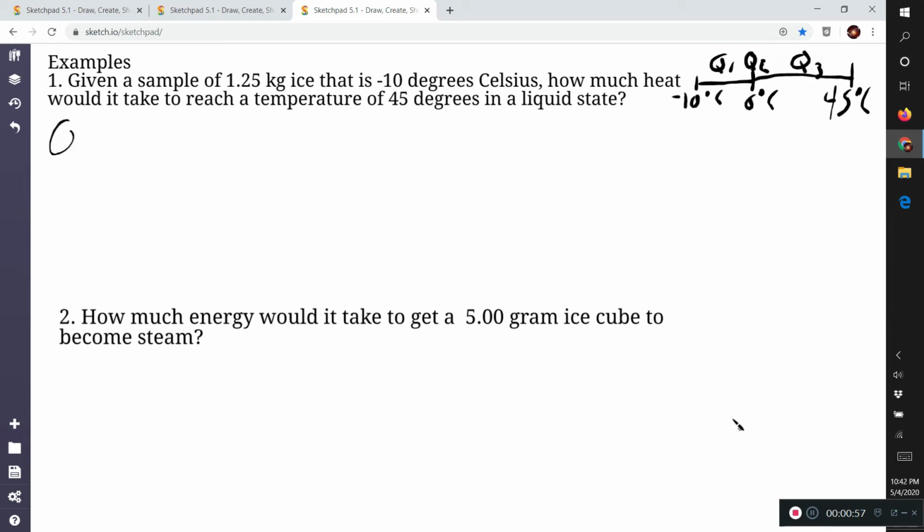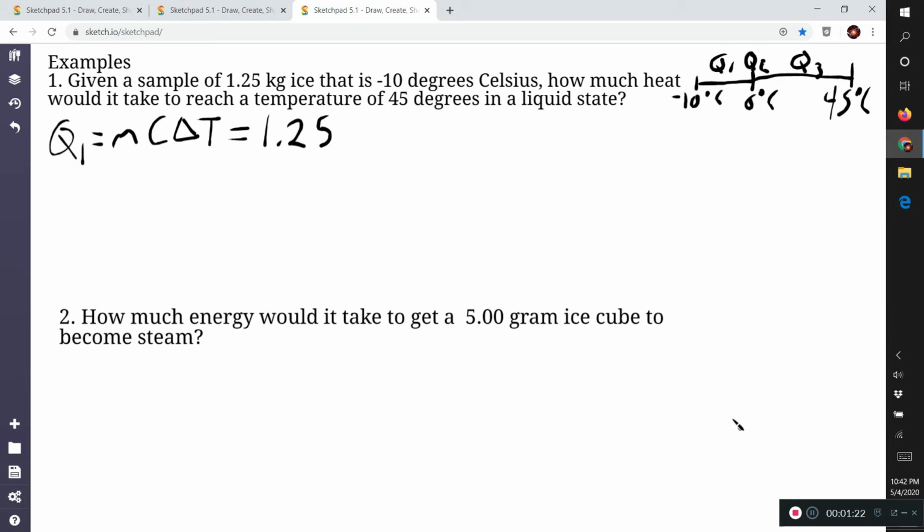So the first calculation is going to use the formula that we established last time. For a substance in the same state, you use MC delta T. In this situation, the mass of the ice is 1.25. Now remember, the C stands for specific heat, and the specific heat of ice is different than the specific heat of liquid water.